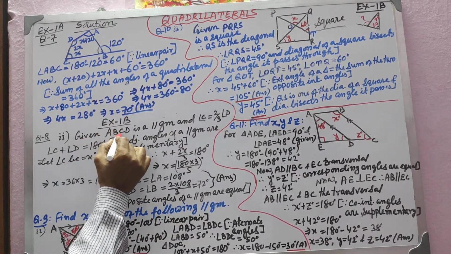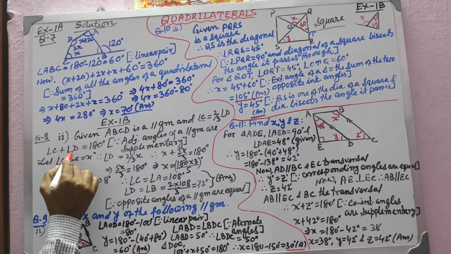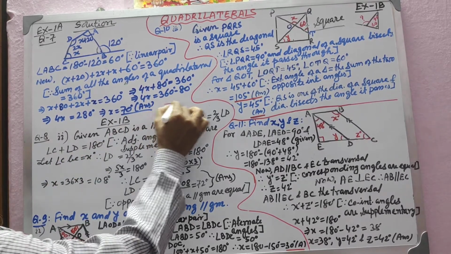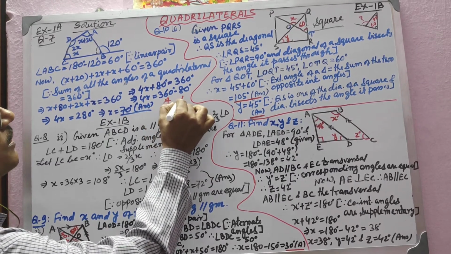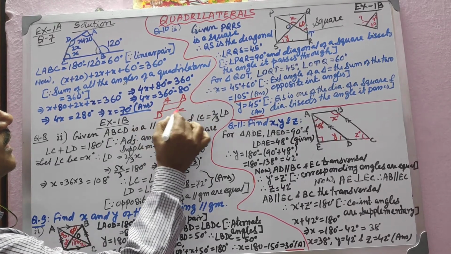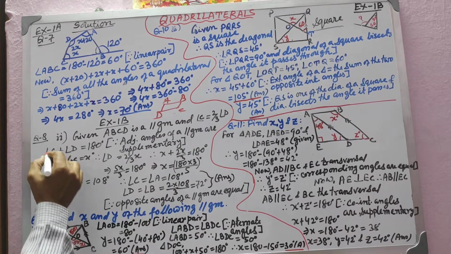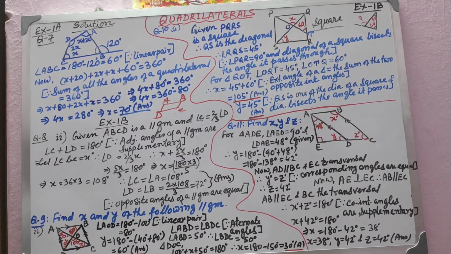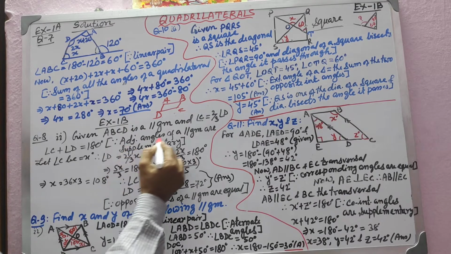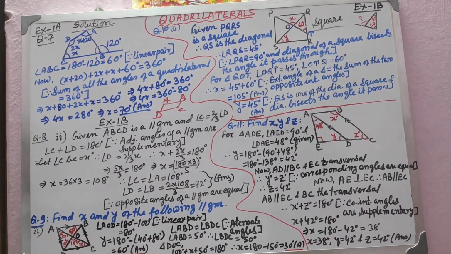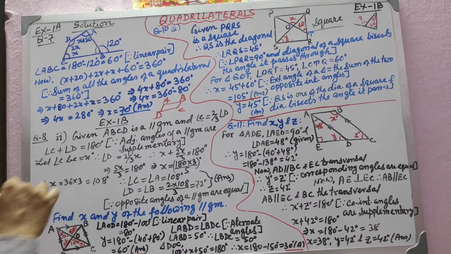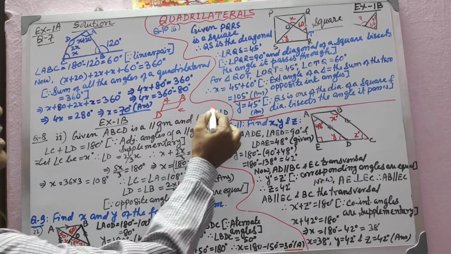C and D are adjacent angles. So C plus D is equal to 180 degrees. That you know, because adjacent angles of a parallelogram are supplementary. That is the reason. Now the condition is given to you: C is equal to 2/3 of D.